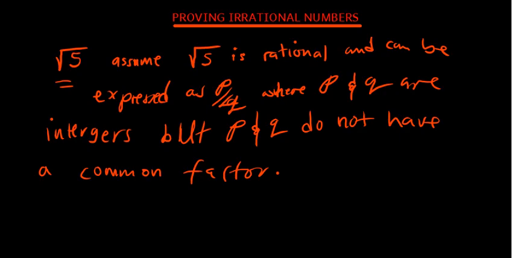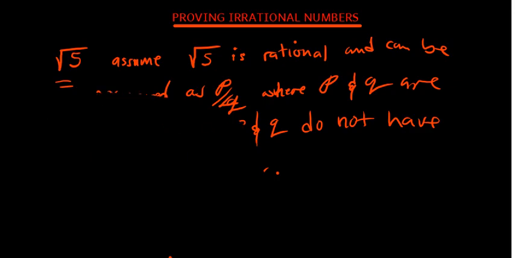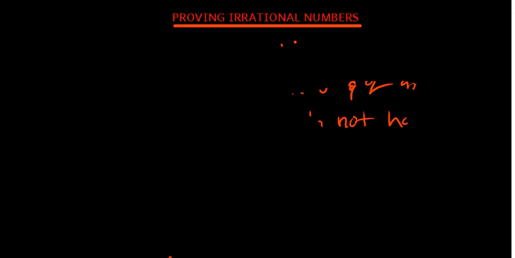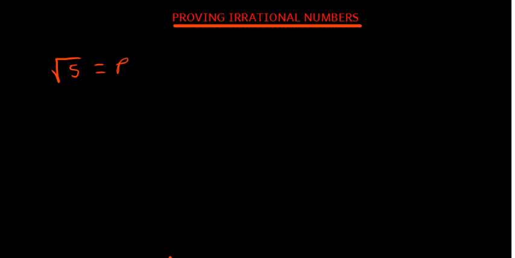So we have said p and q are integers, but p and q don't need to have a common factor. Let's rub here. We start writing. So we said this one is equal to p over q according to the assumption.